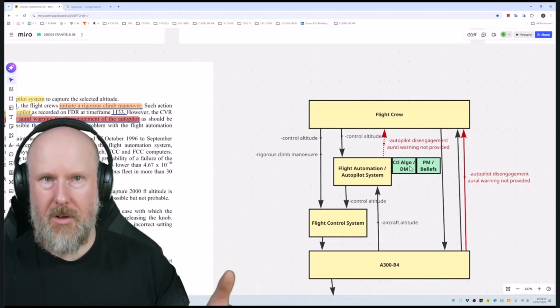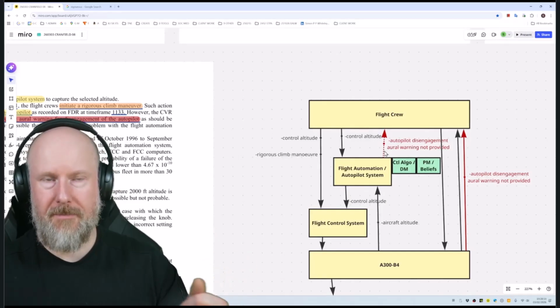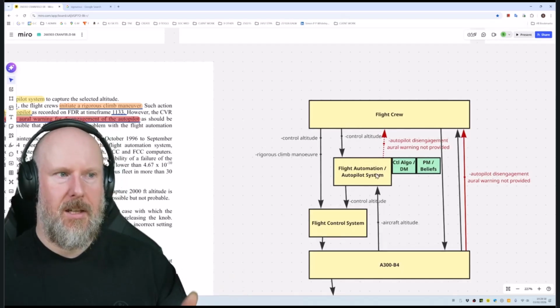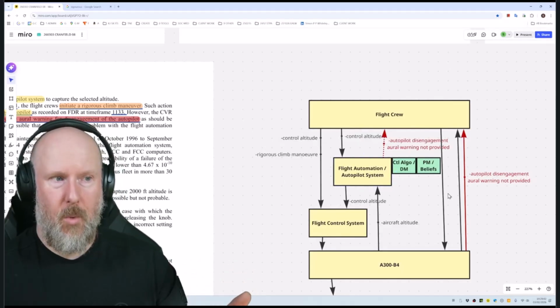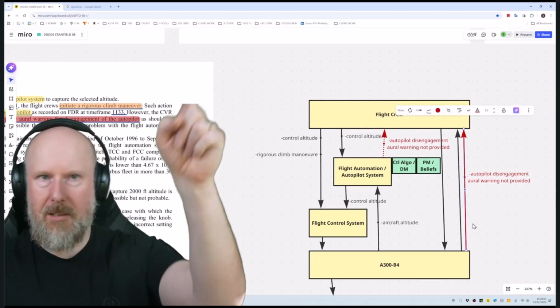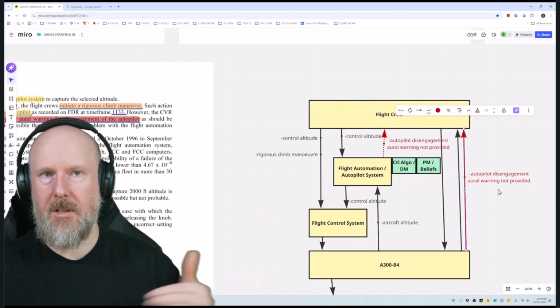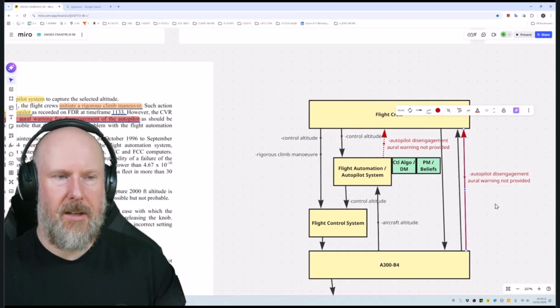So what is the control algorithm, the decision making for providing that oral warning, and why did it make sense for it not to be provided? Or is it that the flight automation autopilot system did require a warning, but it was not provided by the aircraft to the crew? So it's an issue with the warnings and alerts system, not the autopilot itself. So there's an avenue of inquiry to consider.